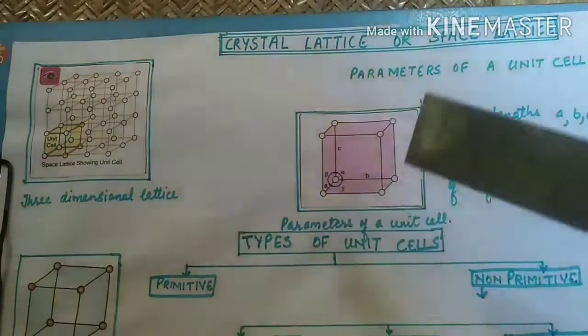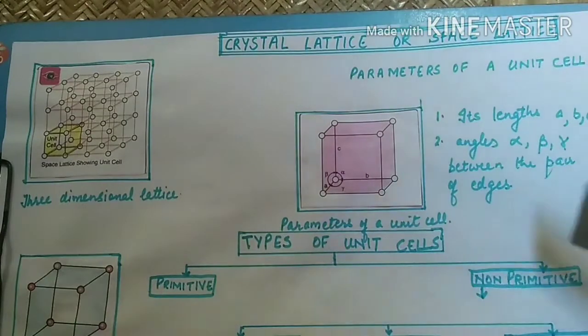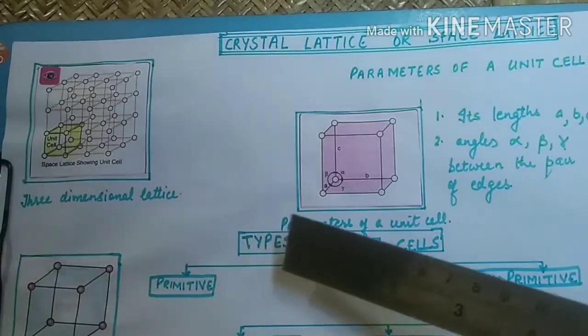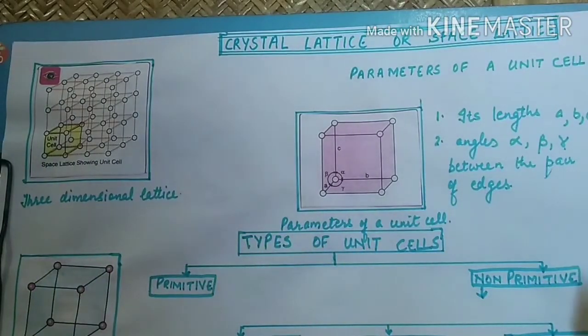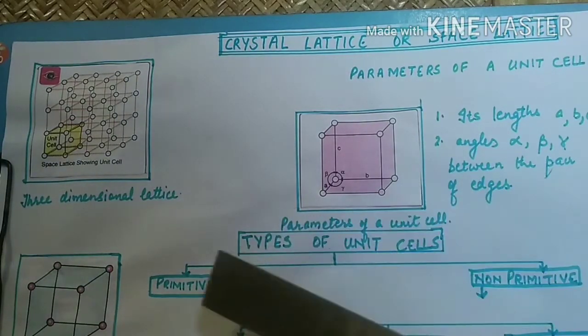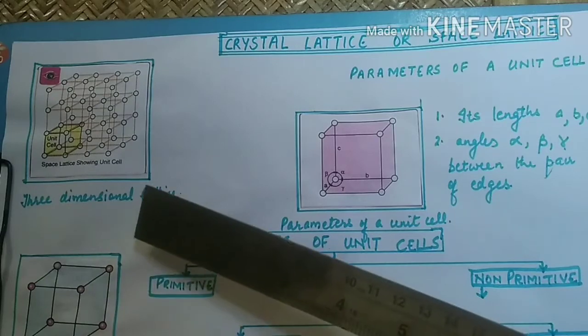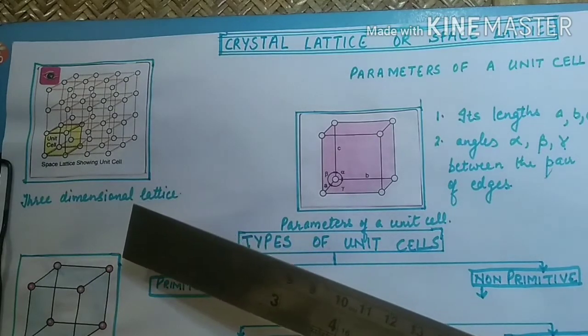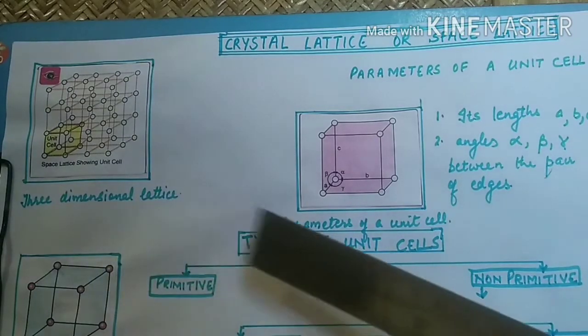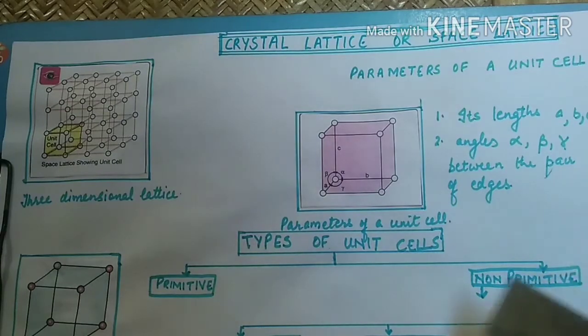So unit cells can be basically of 2 types, primitive unit cells and non-primitive unit cells. So primitive unit cells have points only at the corners, whereas non-primitive unit cells have points at the corners and elsewhere.